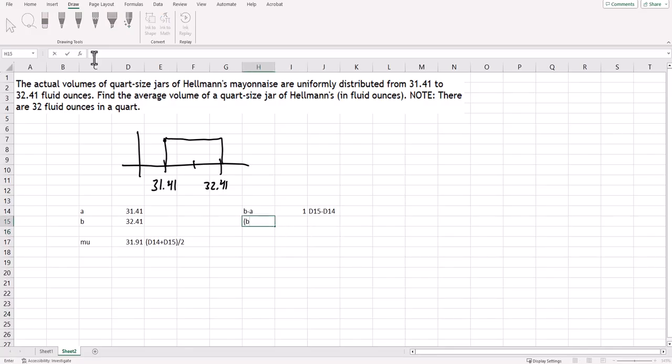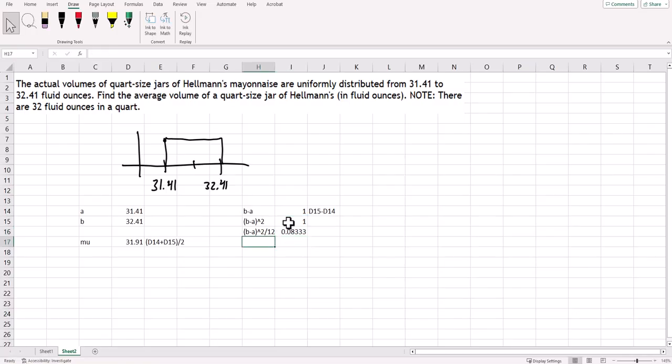So b minus a quantity squared. And if I did this here and didn't know, I just take this guy, do a caret and a 2, and that squares it. Now I want to take this quantity and divide it by 12. And so b minus a quantity squared over 12 is going to be this value divided by 12.